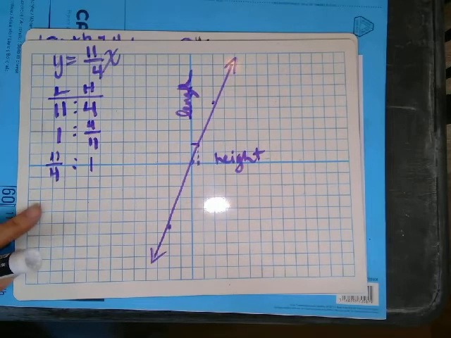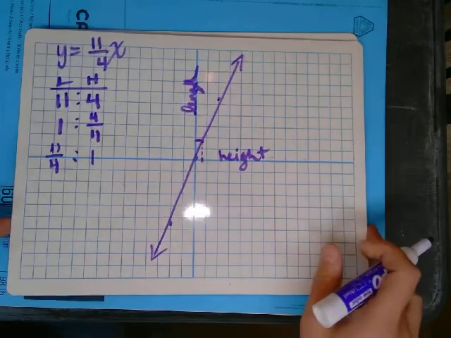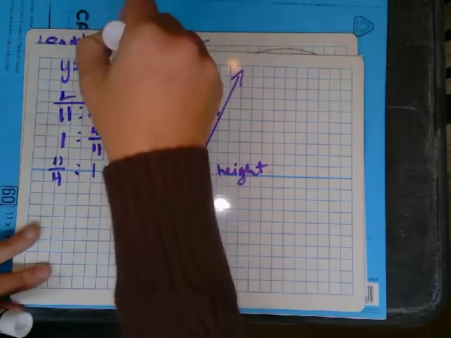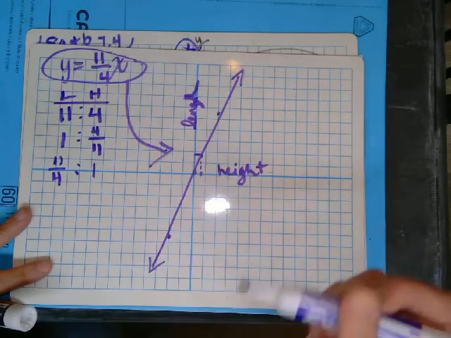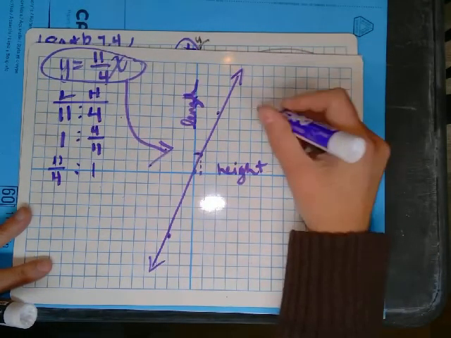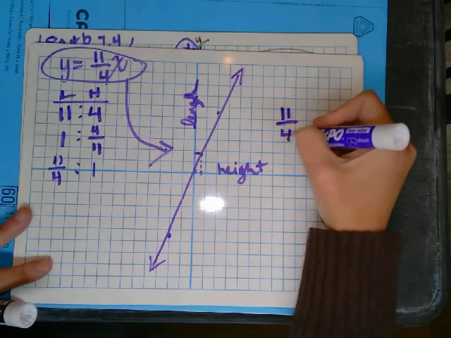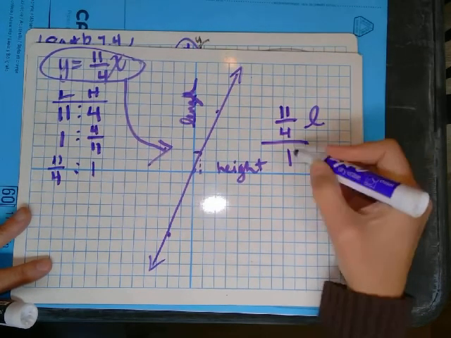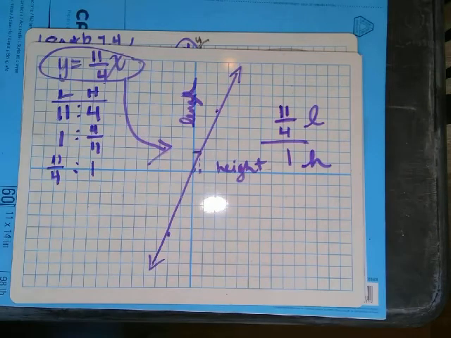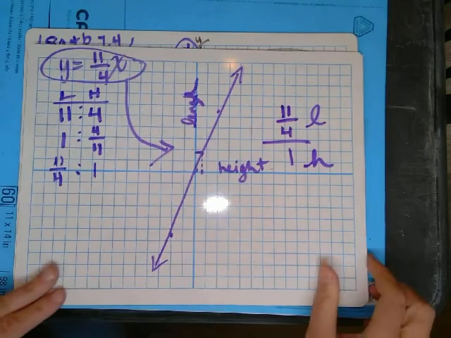Yep, that looks about right. So we would write this equation as y equals 11/4 x because this time our unit rate is 11/4 to 1, where our 11/4 is the length and our 1 is the height.